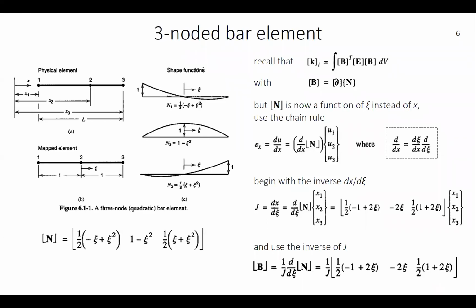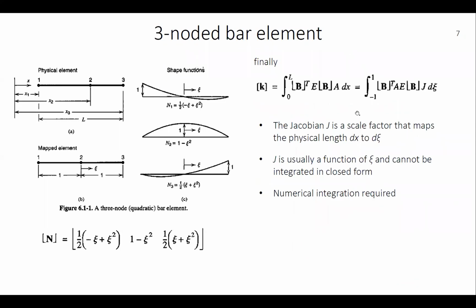So far so good. We have then calculated the B matrix using these derivatives. So this is the key to the problem. Let's go to the next slide. So finally, when we have the B matrix expressed in terms of both mapped and global coordinates, we need to calculate B transpose E times B. In this case, E, the Young's modulus, is just a constant, and the cross-sectional area is, in most cases, also constant.